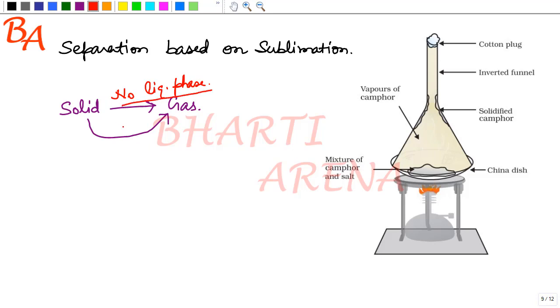So in the case of sublimation, say we take an example of camphor and common salt. If we take this mixture and we have to separate these two, then we will perform this technique.